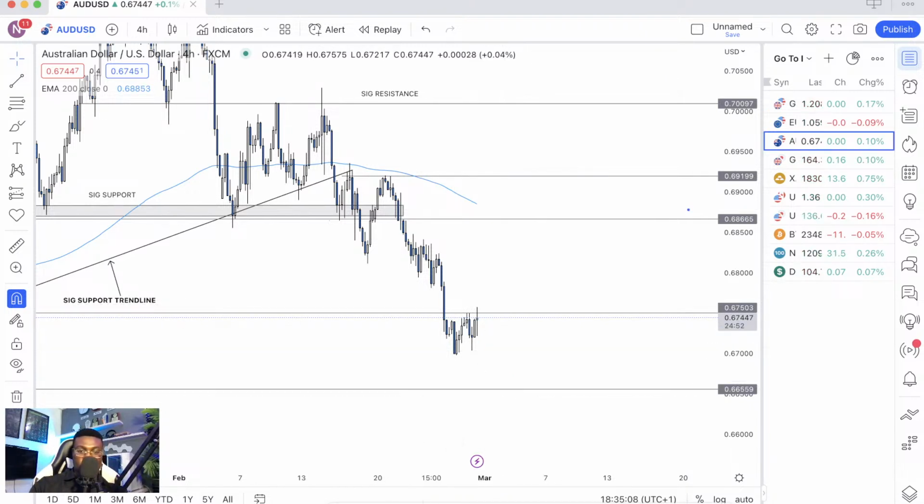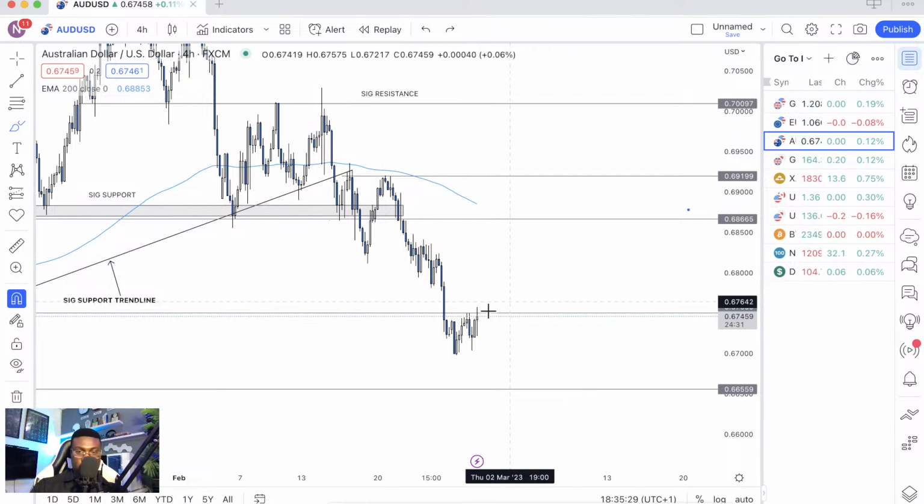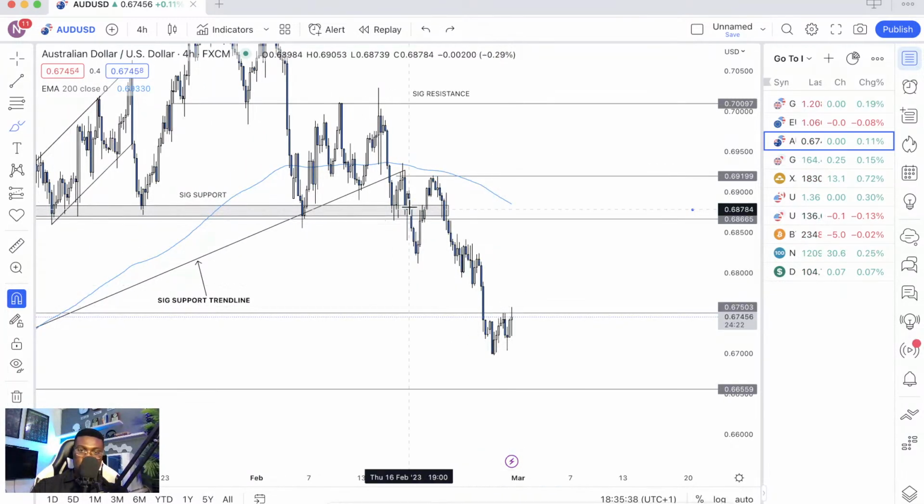I think I'm just going to draw that for you guys as well. So I expect this to rally up a bit, then drop again to the downside. If you trade the Aussie dollar market, you want to look out for how it reacts to this area of value, because this is our key level, right? It's a minor level, at least compared to major levels like this.